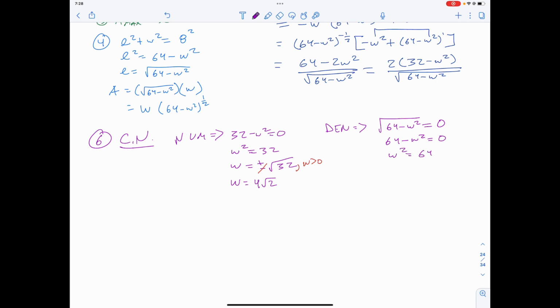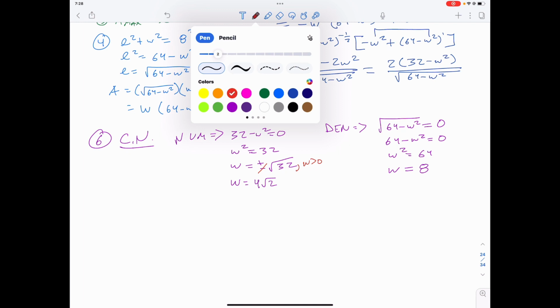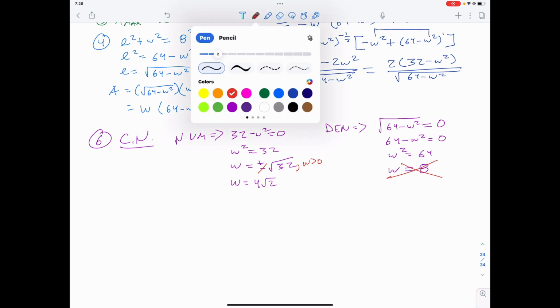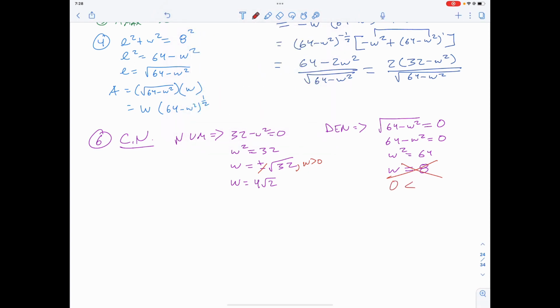And when I square root, I'm going to get 8, which does not work because it cannot be the same length as the hypotenuse, or the diameter of the circle. It doesn't make sense because 0 is less than the width, which is less than 8. Which means that the only solution that works is the 4 root 2.